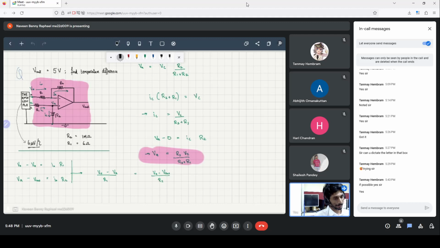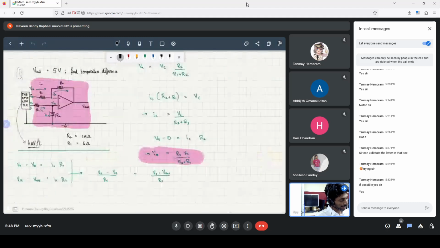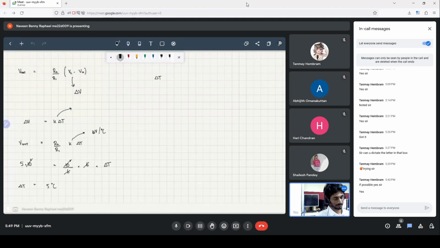The question is to find the temperature difference of the thermocouple. This is what we need for mechatronic systems. This is how we are reading a signal from real life and then using it in a microcontroller or whatever. So in the end, we wrote the equations and solved for the temperature difference. I hope that this makes sense.